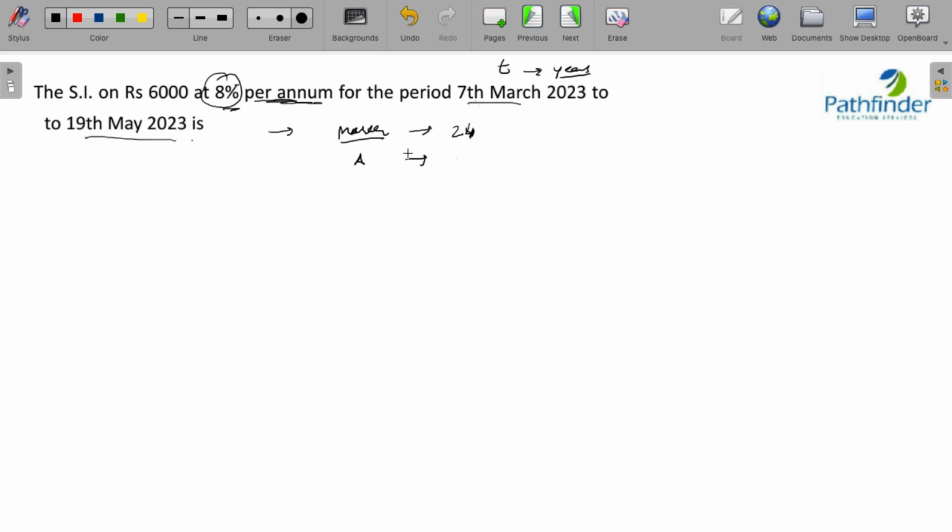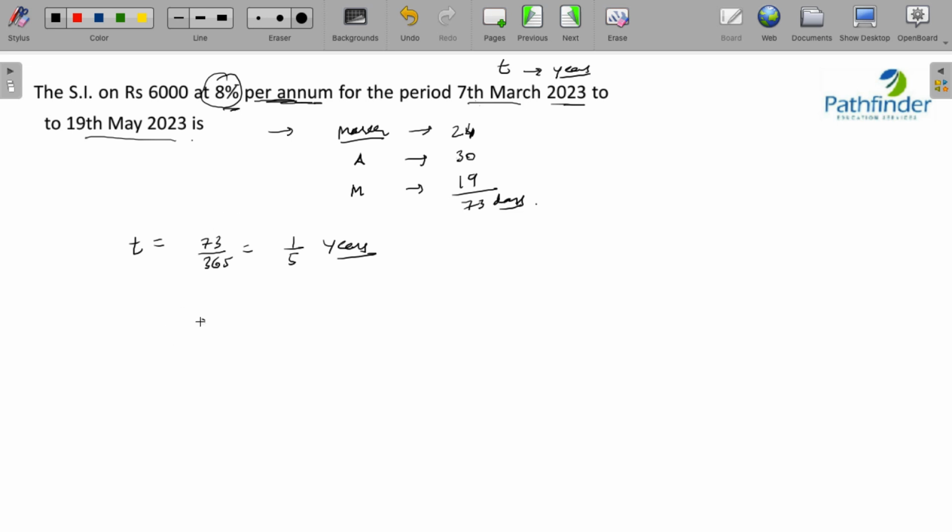In April, we will count all the 30 days of April. And in May, we will count 19 days. So that brings us to 73 days. 2023 is a normal year of 365 days. So the time period in years is 73 upon 365, that is 1/5 years.